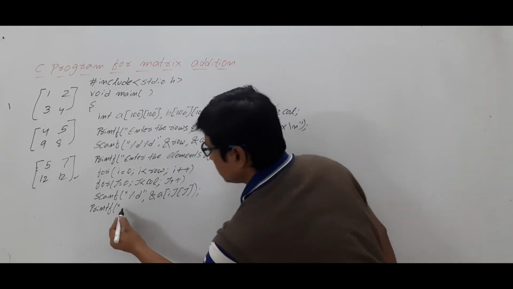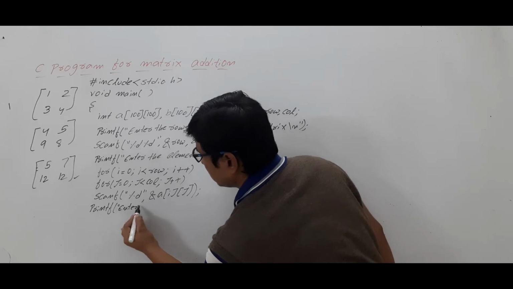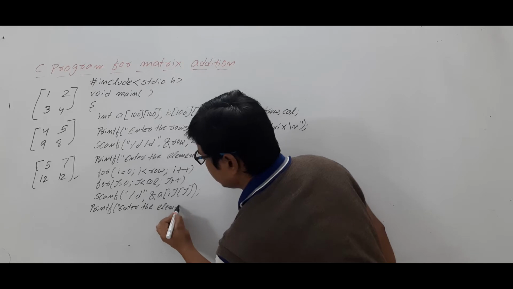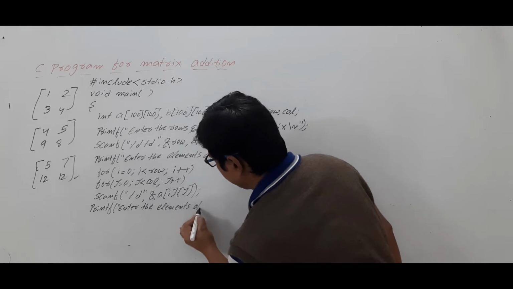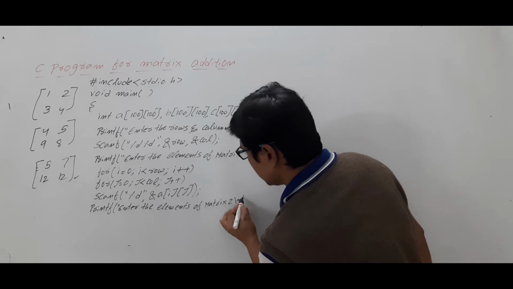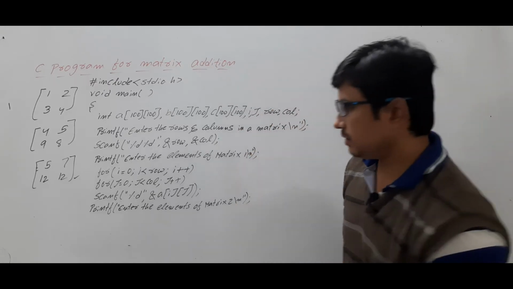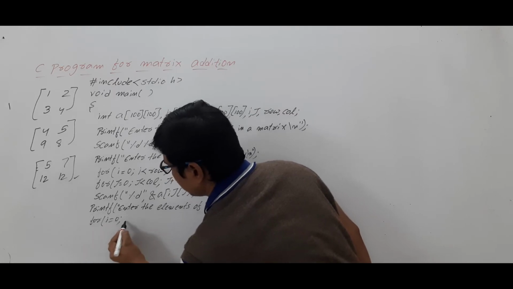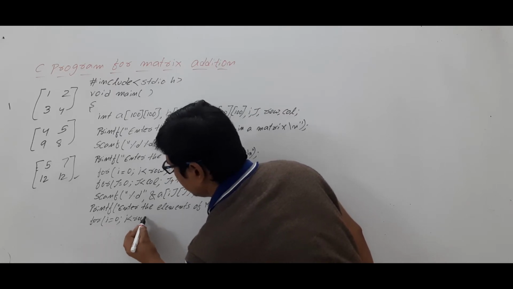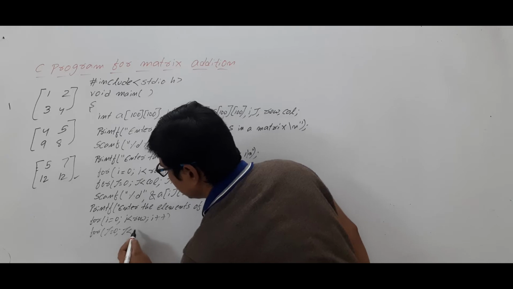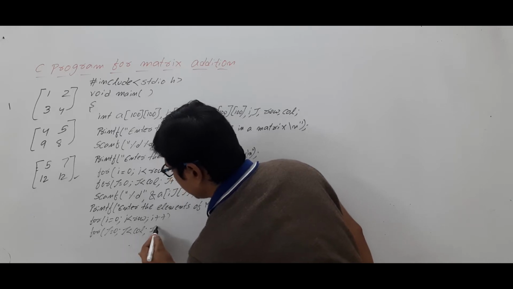Is it clear? Similarly, you ask the user to enter the elements of the second matrix: enter the elements of matrix 2. Again I need to use nested loops: for i is equal to 0, i less than row, i plus plus; for j is equal to 0, j less than column, j plus plus.